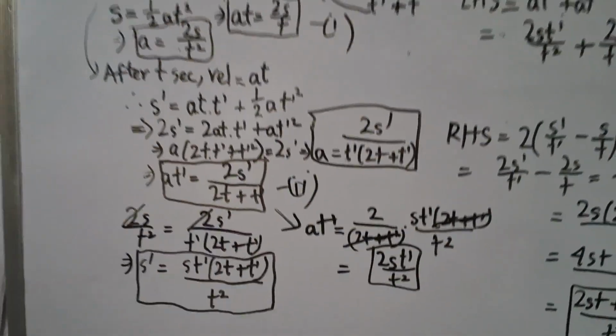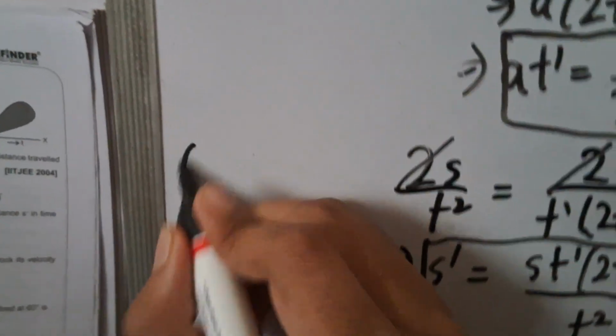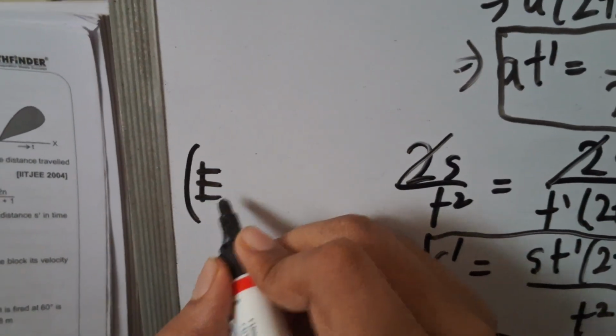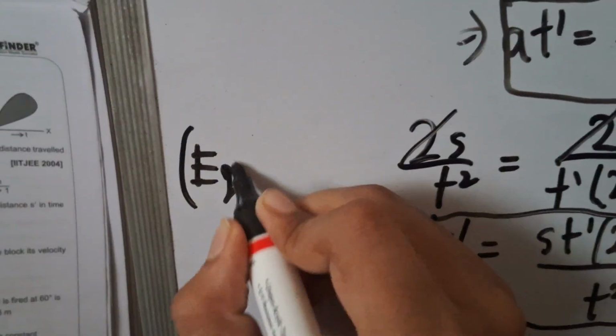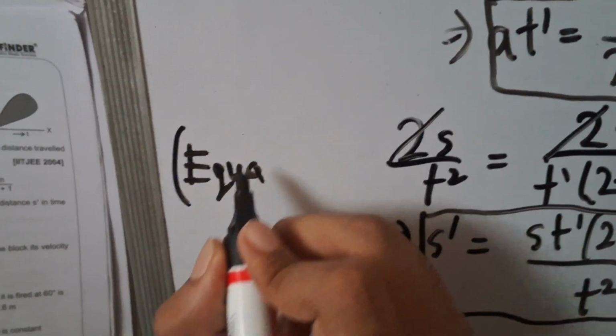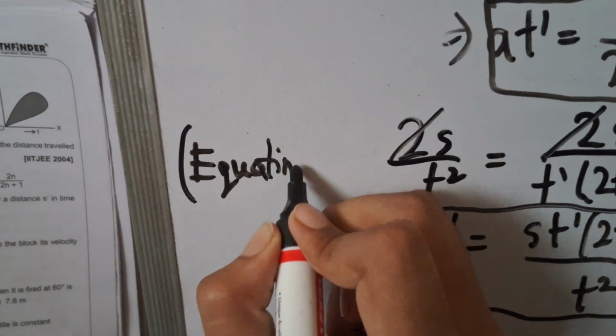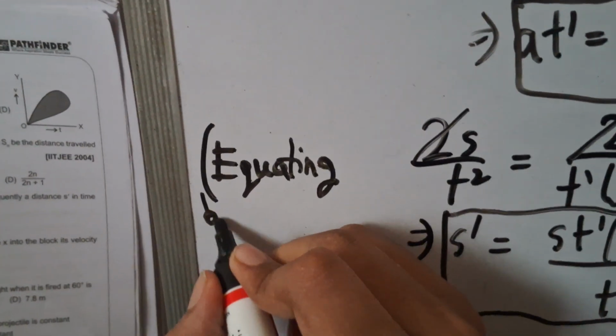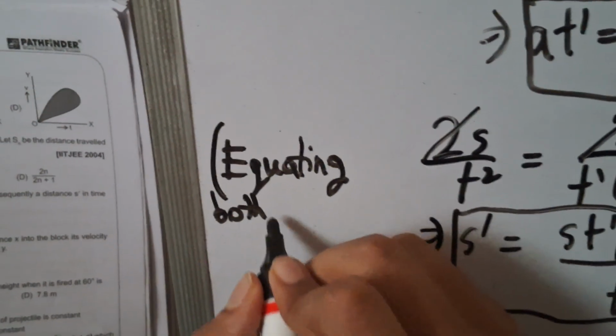What did we actually do here? Let's write: equating both values of a.